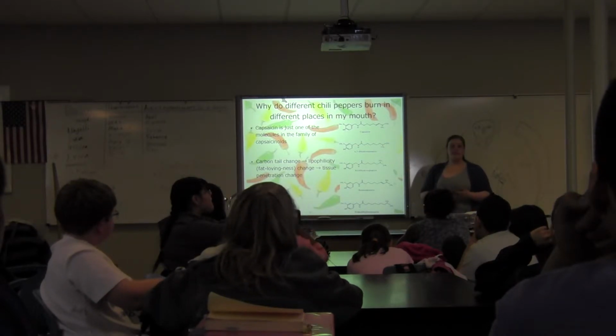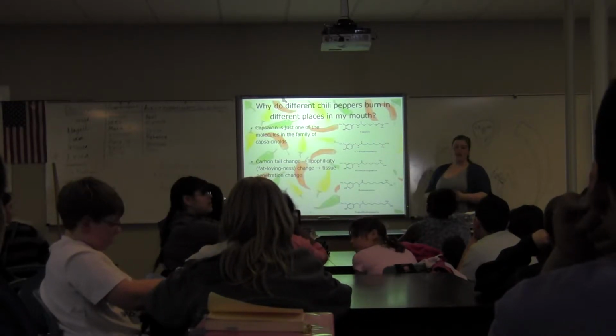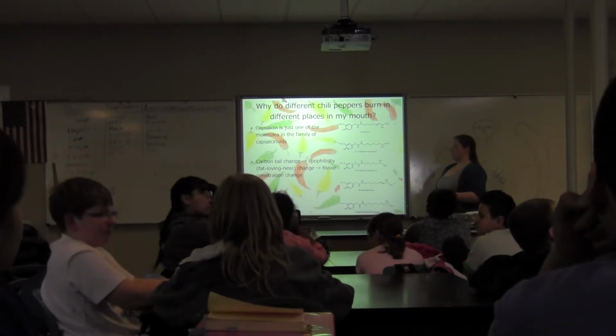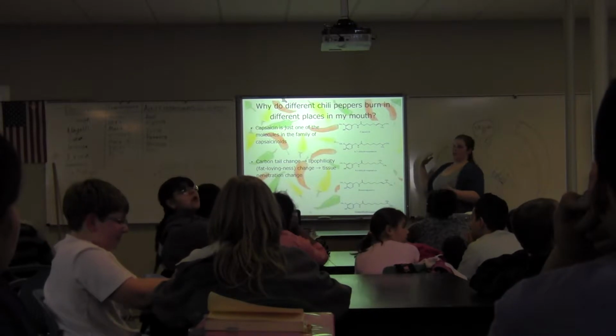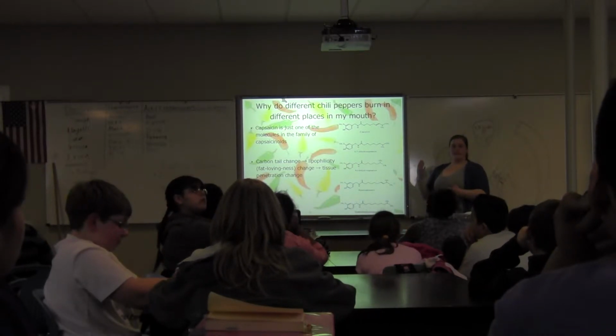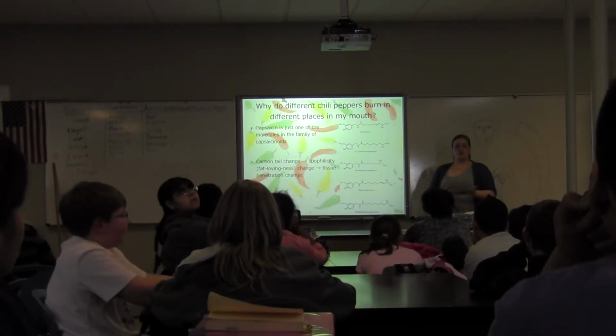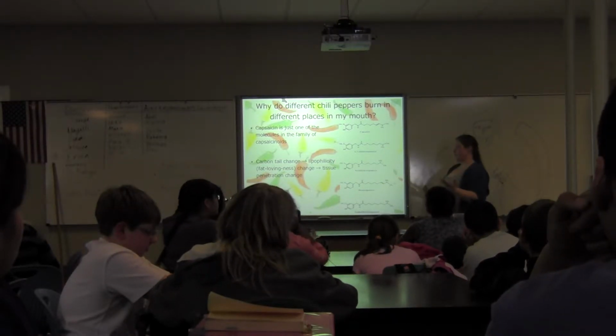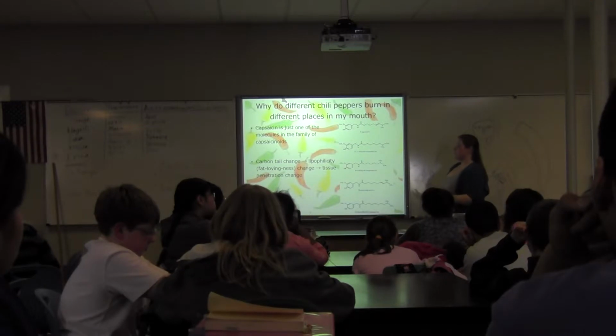So when you change the carbon tail, you change the lipophilicity. And lipophilicity is just a fancy word meaning fat lovingness. When you have a long chain of carbons, it loves fat. It often appears as an oil, like butter and olive oil, which have these long carbon chains.